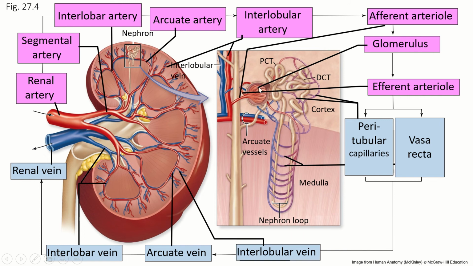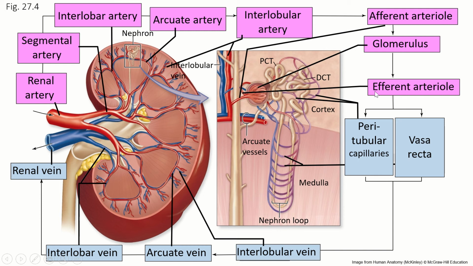The glomerulus is a little ball of fenestrated capillaries, and the blood plasma is going to filter out of the glomerulus and then go through all of these tan things, which are tubules, which is the subject of the next video. From the glomerulus, the blood is going to flow through an efferent arteriole.